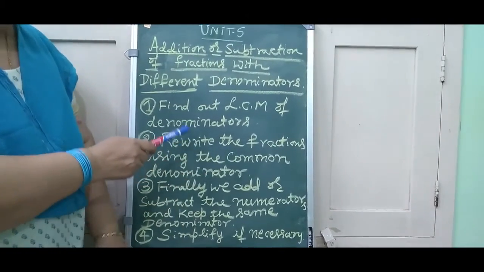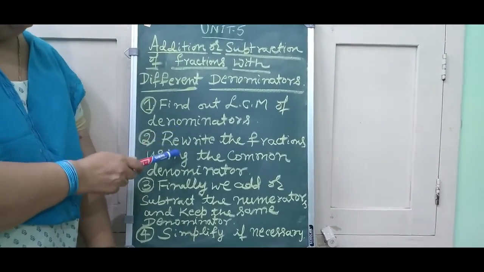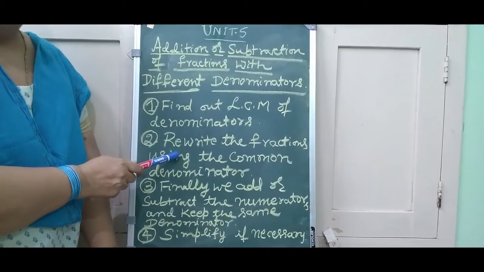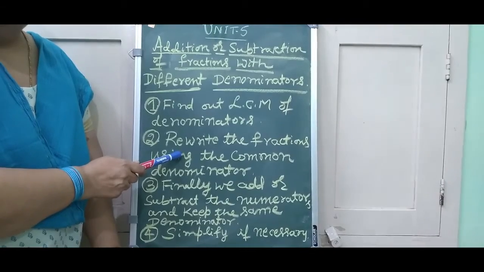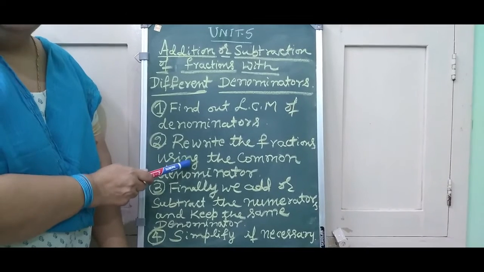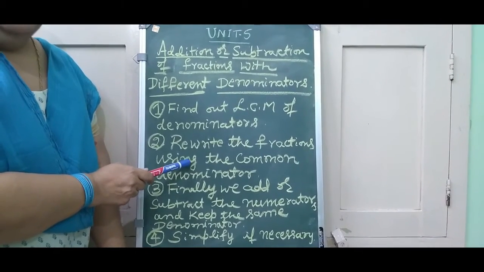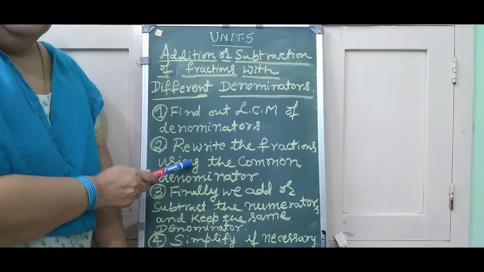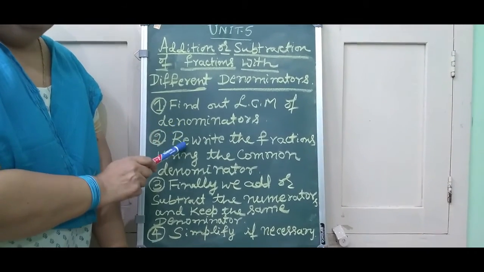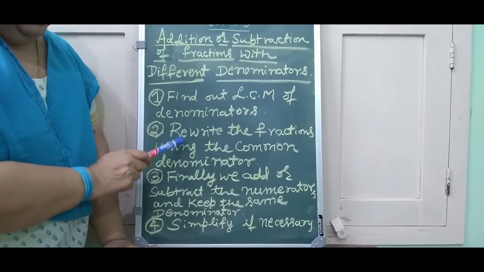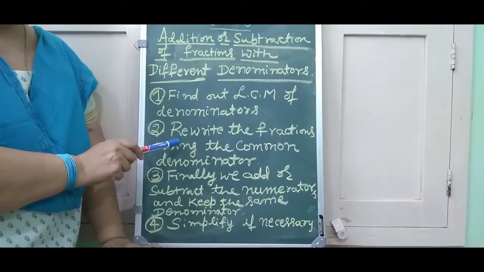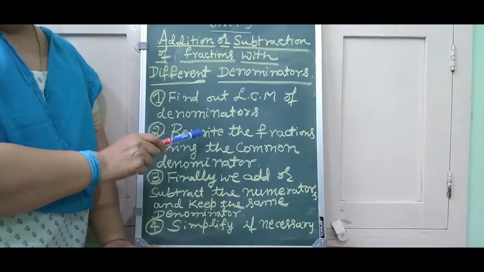That means, I have told you, this is a little bit long procedure. When you consider different denominators, first find the LCM of the denominators, then divide the LCM by the denominator of each fraction, then multiply the quotient by the numerator and write the number there. So you are converting the fractions into equivalent fractions with the same denominator.